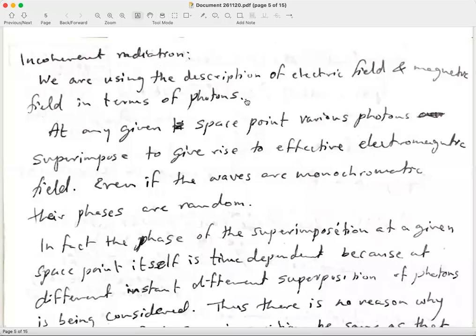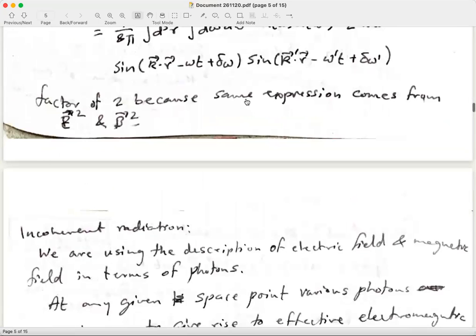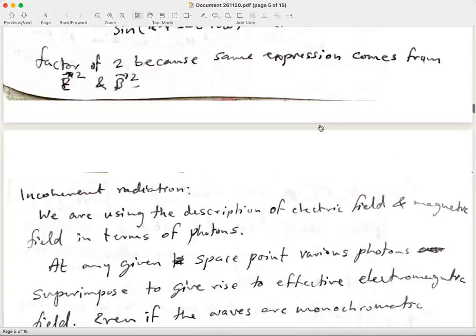Now let's consider a situation of incoherent radiation. Coherent radiation is more like a monochromatic wave with fixed phases.